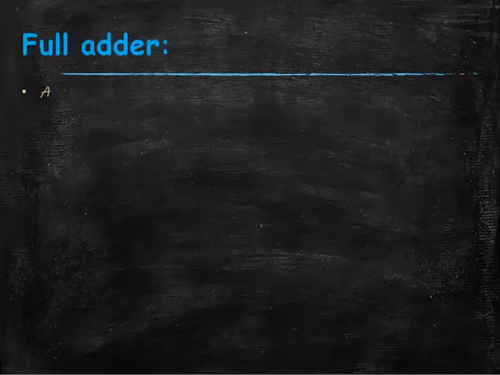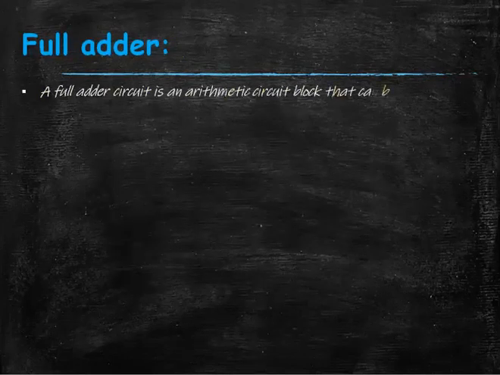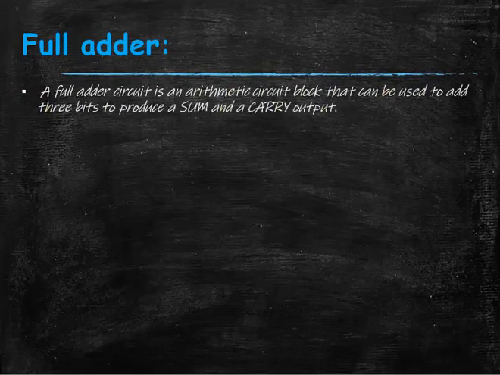For that purpose we use a full adder. A full adder is an arithmetic circuit block that can be used to add 3 bits and produces a sum and a carry.